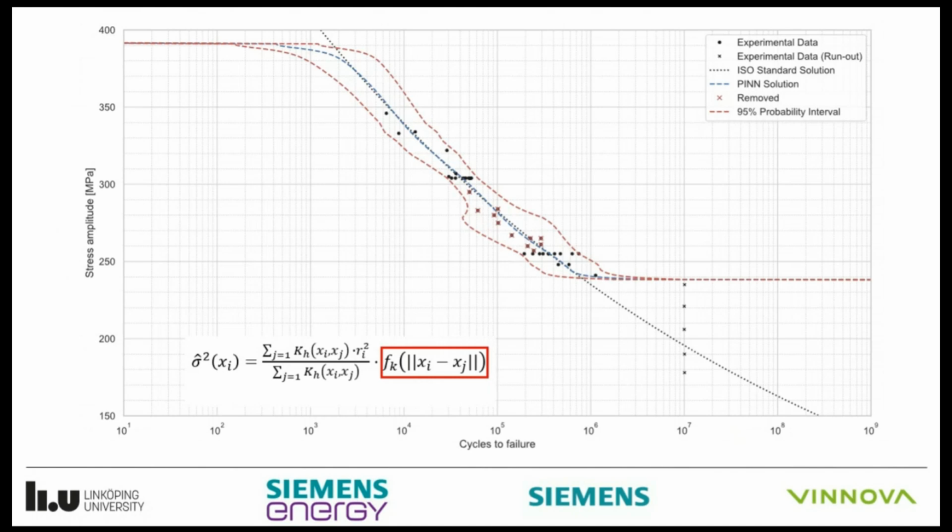So we can manipulate the safety factors as we would like, but still we're taking the known data into account. The further away we are from our known data, the more increase we will have in the safety factor.